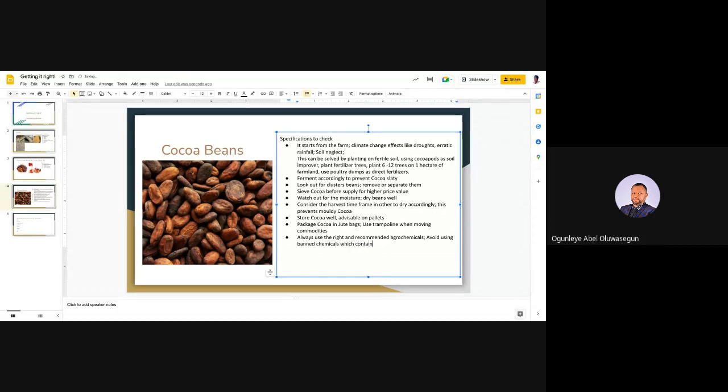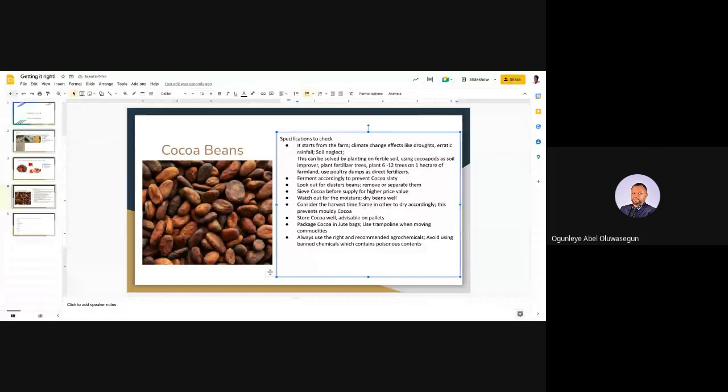So before they will take any consignment in Nigeria, most especially the processors, before they will take cocoa butter or cocoa powder, they always look at the active ingredient, the maximum residual level of those chemicals. If it is higher than what international laws stipulated, they are going to reject such consignment. And you know what this means for us in Nigeria.